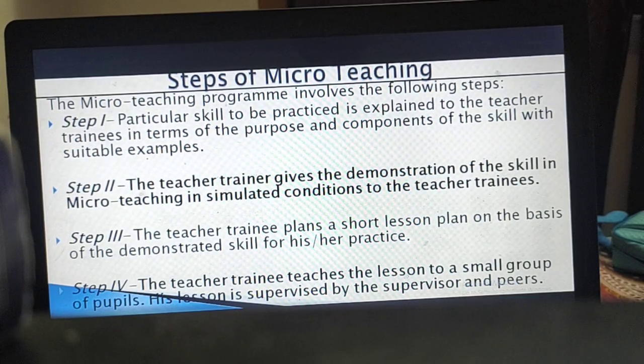Number 4, the teacher trainee teaches the lesson in a small group. Then the teacher delivers his teaching skill in front of a small number of students in the presence of a supervisor and peers.